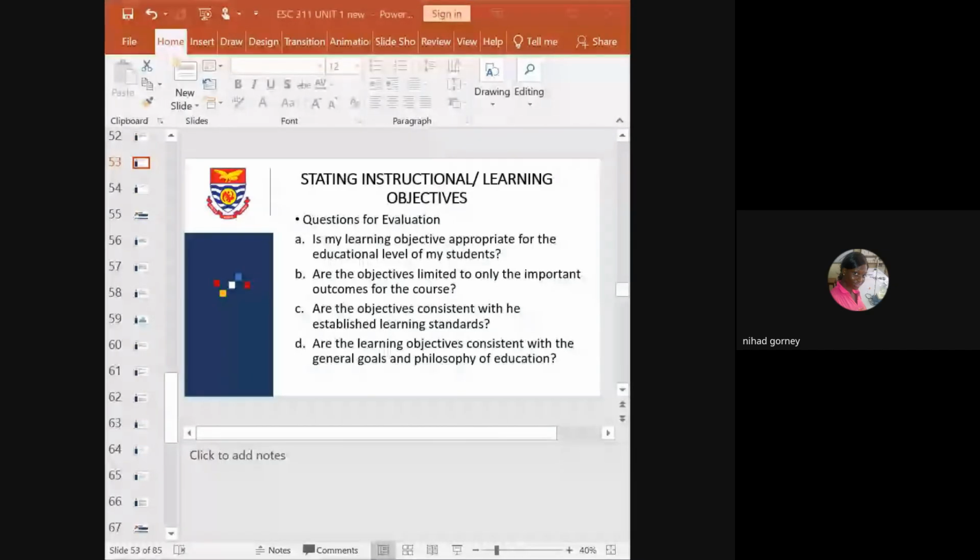Are the learning objectives consistent with the philosophy of education of the country you are working in? Make sure all of these align with any objectives you write. It should be appropriate for the level of your students, limited to only the important aspects, so you don't bring in other things that might not be relevant, and consistent with what has been established as the learning standard for your school or class, and with the general philosophy of education we have.